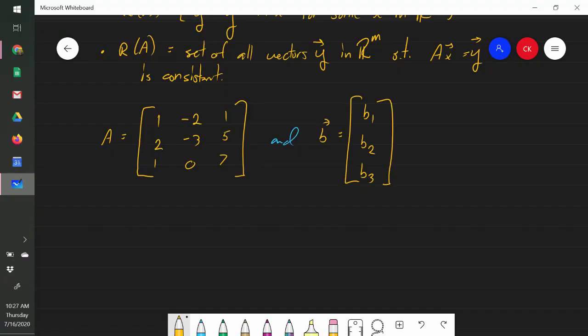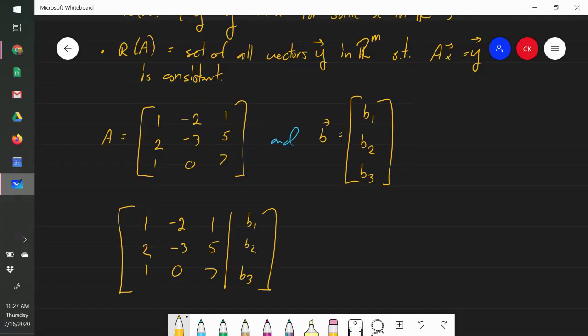Then we can find the range by simply throwing all of this into an augmented matrix, and doing our row reduction process.